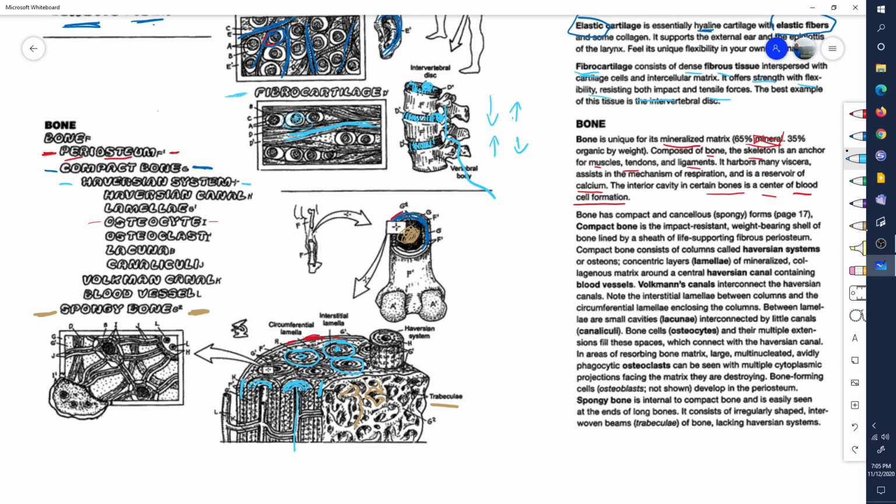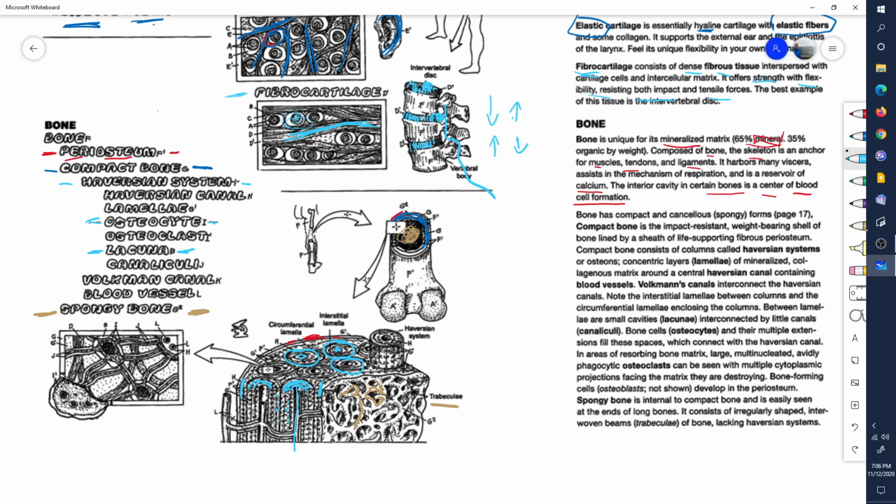And there are gaps between the lamellae, here and here and here all the way down. These gaps are called lacunae, just like the chondrocytes lived in the lacunae. Guess who's inside the lacunae of the bone? It's the osteocytes. So there are little bone cells in here.